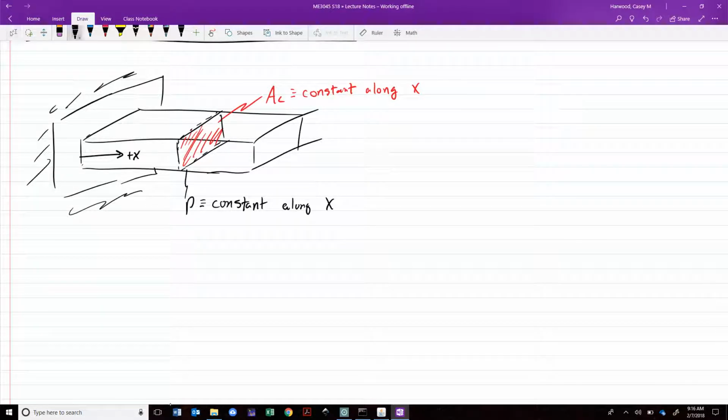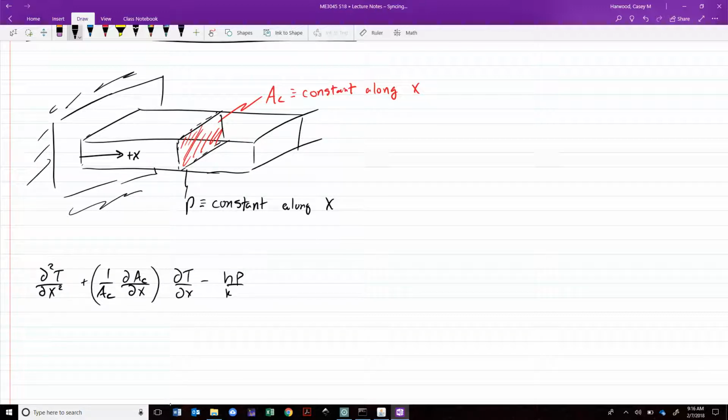So the fin equation: d squared T over dx squared plus 1 over AC times partial AC partial x times partial T partial x, minus hP over k AC, equal to 0.